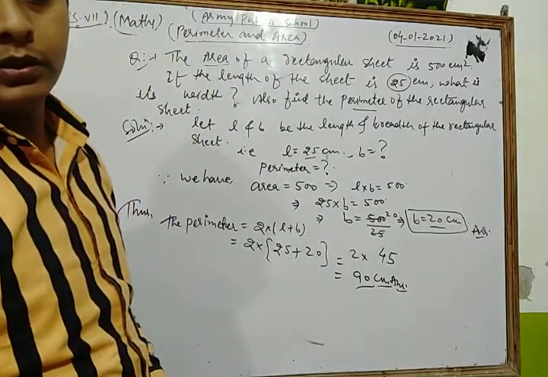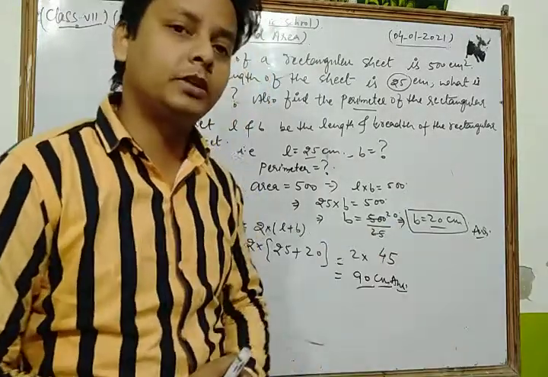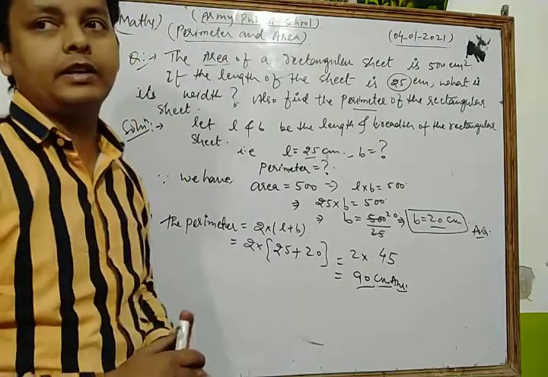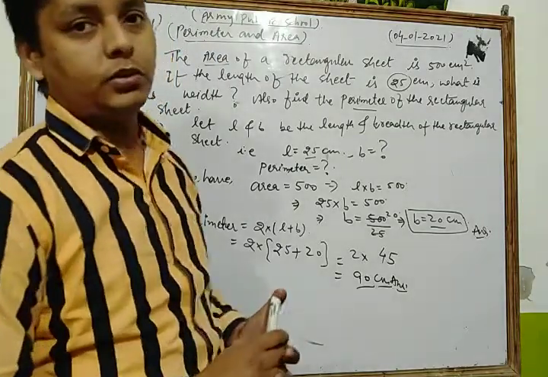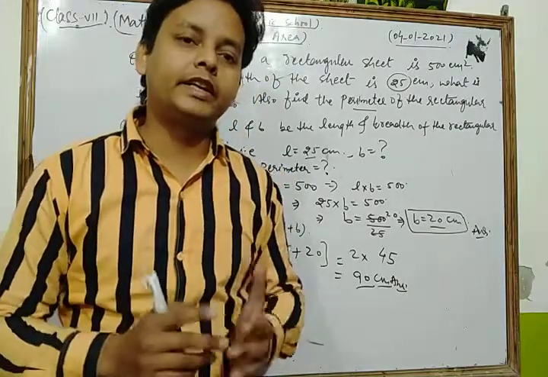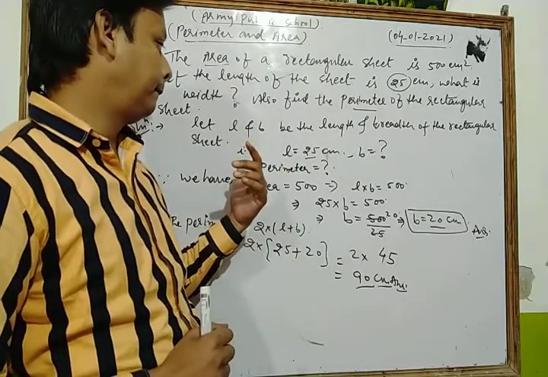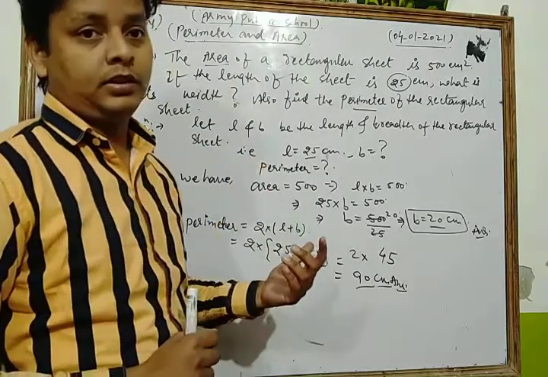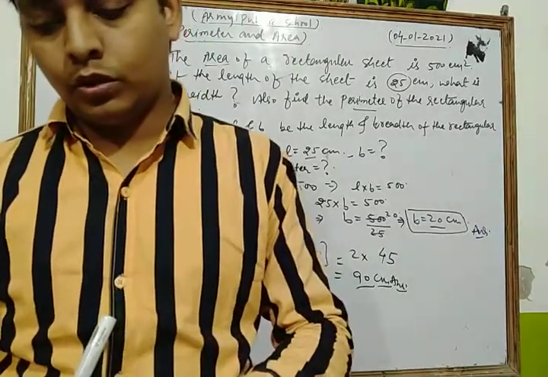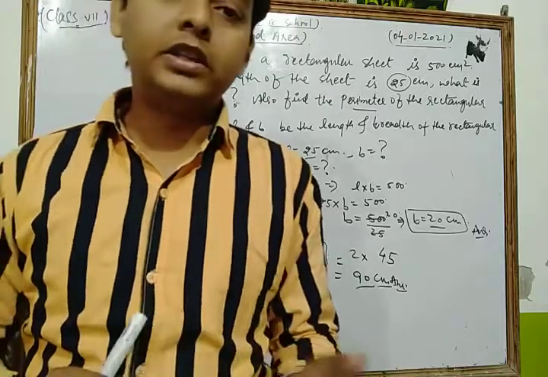So in this way, dear students, the breadth of this rectangular sheet is 20 centimeter, and the perimeter is 90 centimeter. Thus, students, in this way, you can solve each and every question of your NCERT exercise based on squares and perimeter. Now we take and solve one more important question based on these topics.